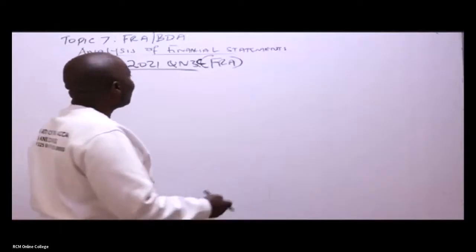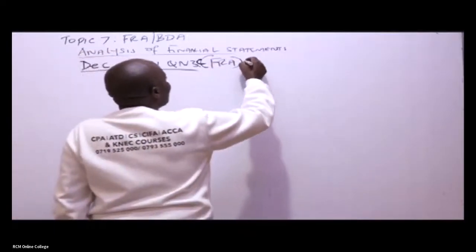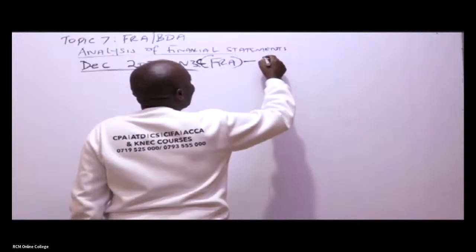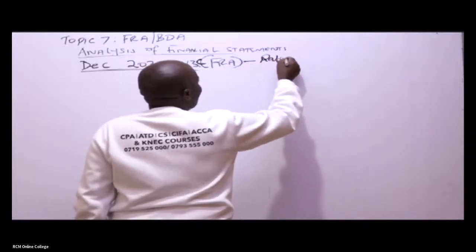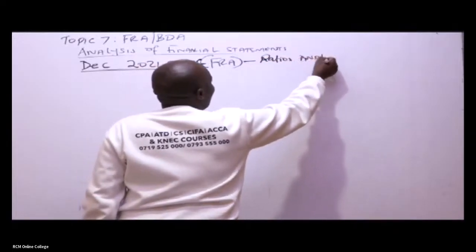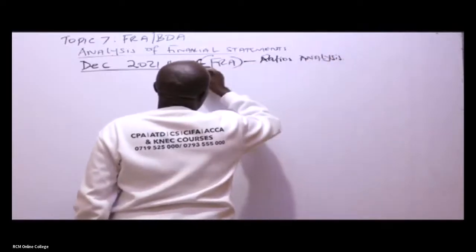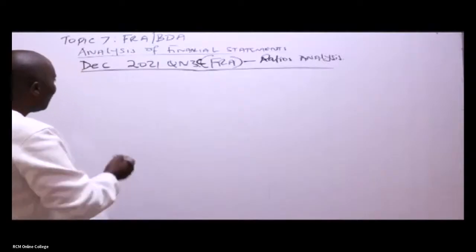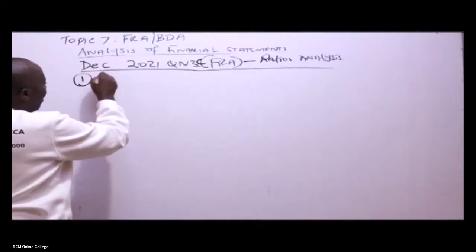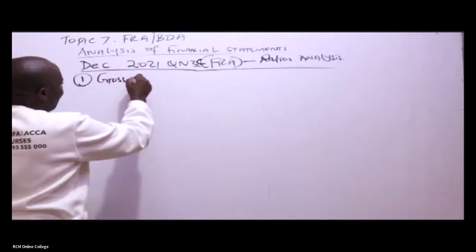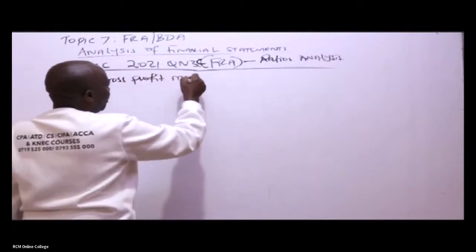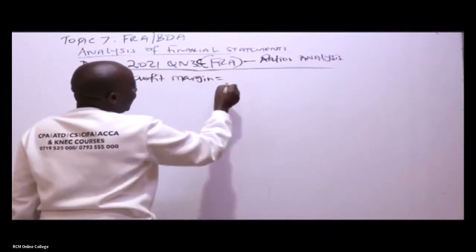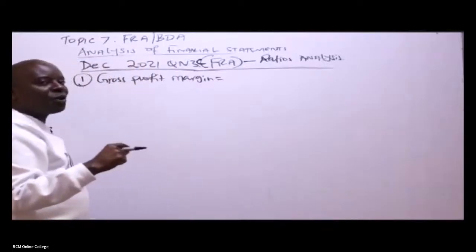We are using this question to teach you how to get ratios. So basically, this is ratio analysis. We start with the first one, which is the GPM, gross profit margin. How do we get gross profit margin?